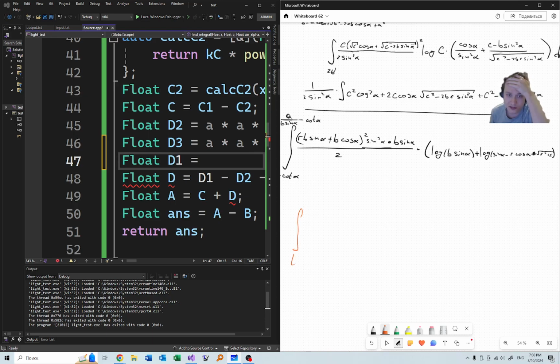Integral from something to something of r to the power k times coefficient times logarithm of sine alpha minus r cosine alpha plus square root of r squared plus 1.